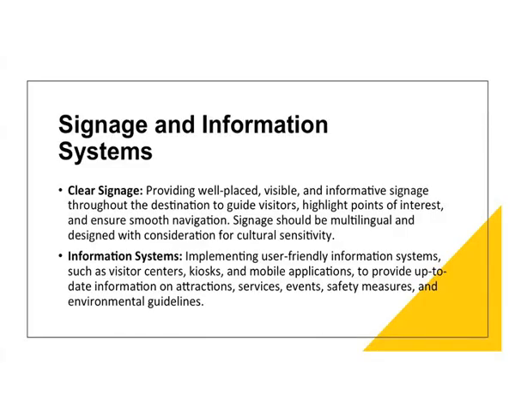So it should be in multiple languages and designed with cultural sensitivity. The information system should include user-friendly systems such as visitor centers, kiosks and mobile applications to provide up-to-date information on attractions, services, events, safety measures and environmental guidelines.